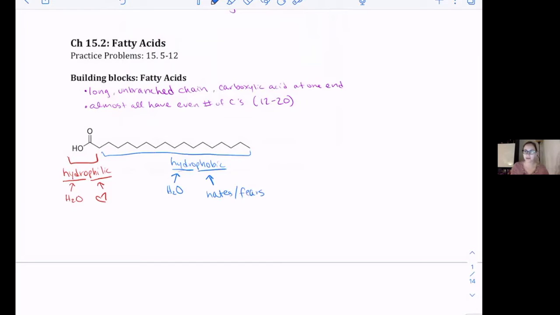It's kind of a personification of a chemical to fear something, or to hate something, or really to love something. But we're getting on a tangent here. The carbon chain end hates water, so it tries to get away from as much water as possible and be with other things that it's like. These long chains are going to hang out with the other long chains, and the carboxylic acids want to hang out with water. So we have two very distinct portions of these kinds of molecules.